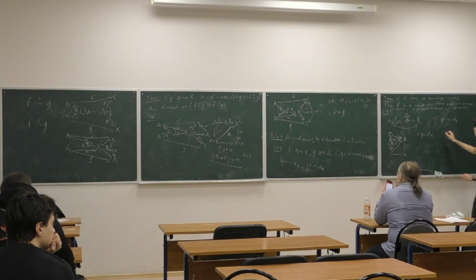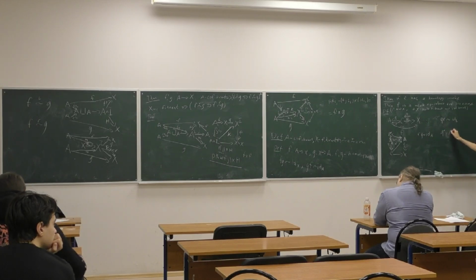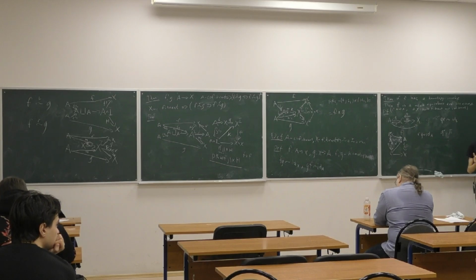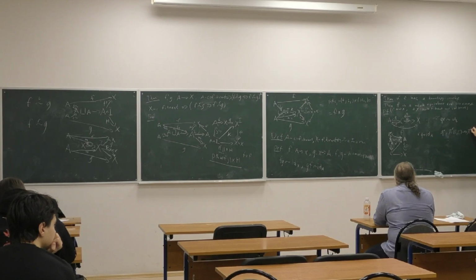So Q star from right homotopic maps from C to C to right homotopic maps from A to C. Yes. I see. Okay. This is one-to-one.